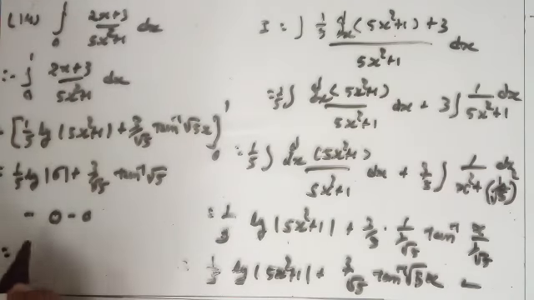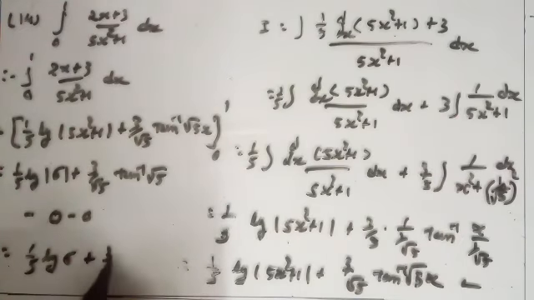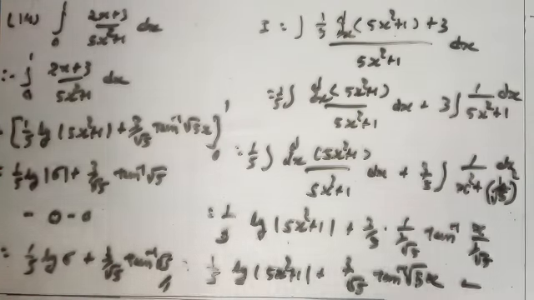So after simplification, 1 upon 5 log 6 plus 3 upon root 5 tan inverse root 5 is the answer, clear.